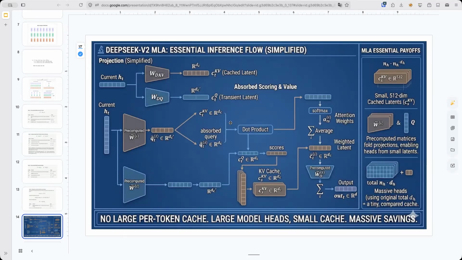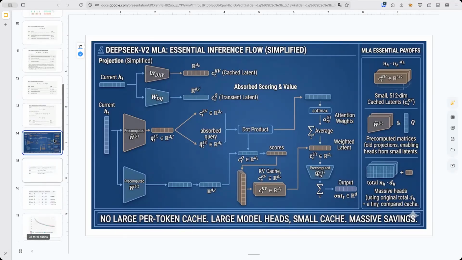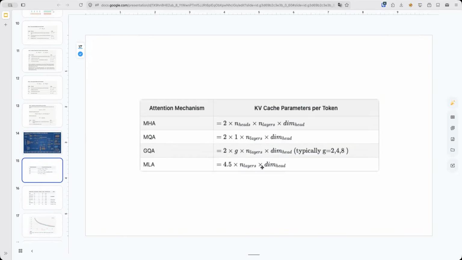What really matters here is that the thing being stored in the KV cache is only this shared cached latent. So only a single vector is stored for all of the heads. And in terms of math, that brings the required memory down.